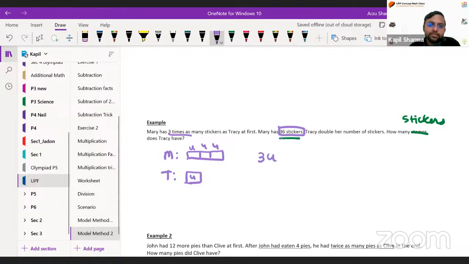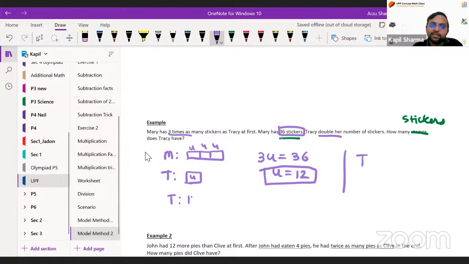That means 3 units is actually equal to 36. 1 unit is 12. So Tracy initially had 12 stickers. Tracy had 12, Mary had 36, yeah. And then Tracy doubled her number of stickers. Yes, Swastik, correct.